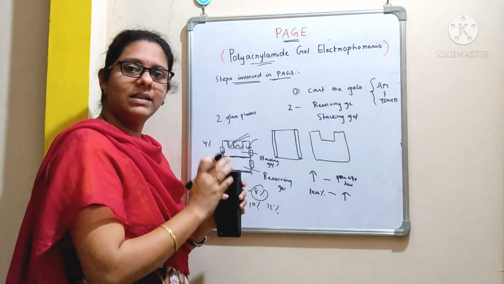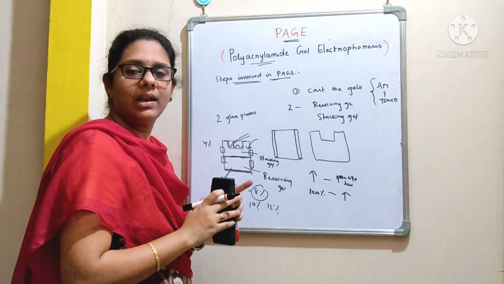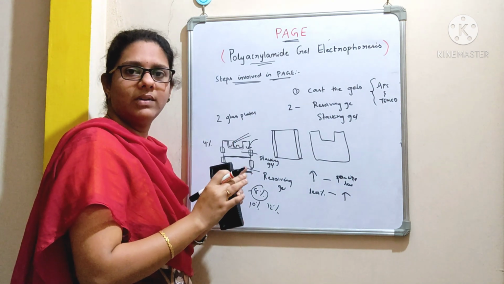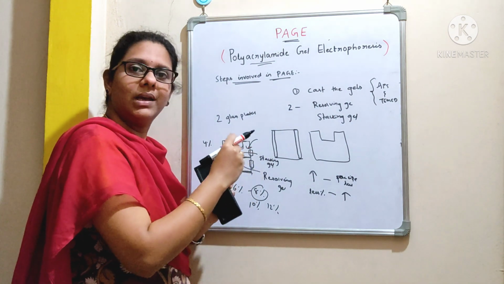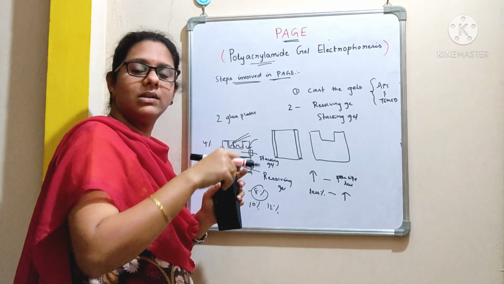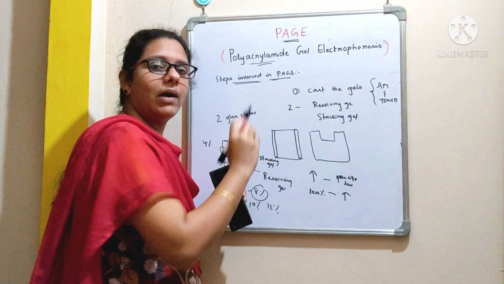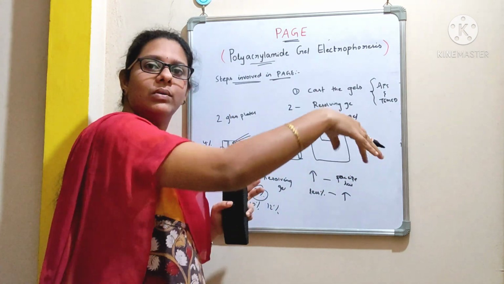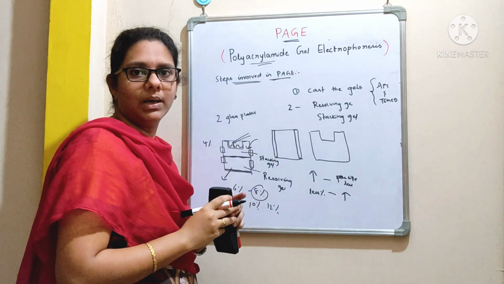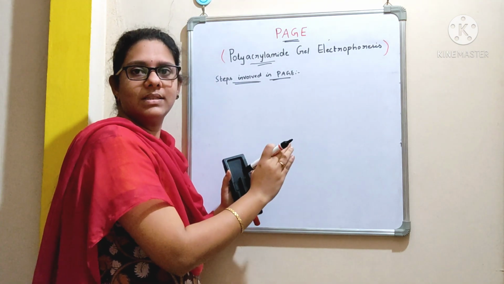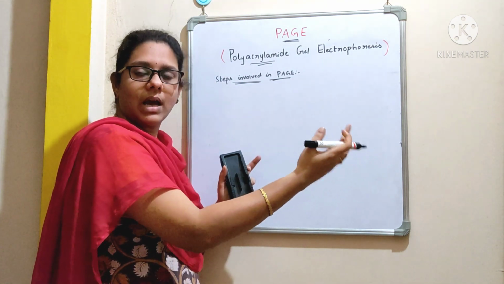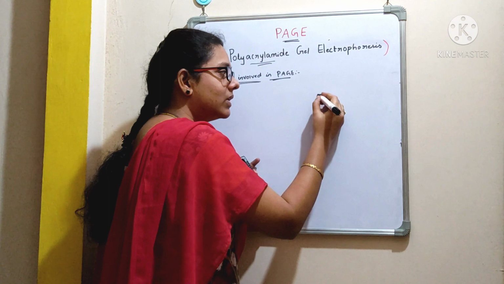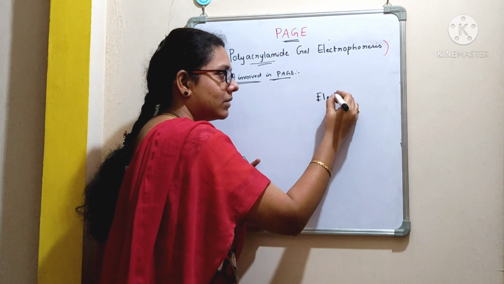Once you are done casting the gel, this gel is to be placed in an electrophoretic chamber. You will be provided with a gel holder, and you need to fix those plates into the gel holder system, and then keep this setup in the main electrophoretic chamber. After you place the gel into the chamber, you have to fill it with the electrophoresis buffer.